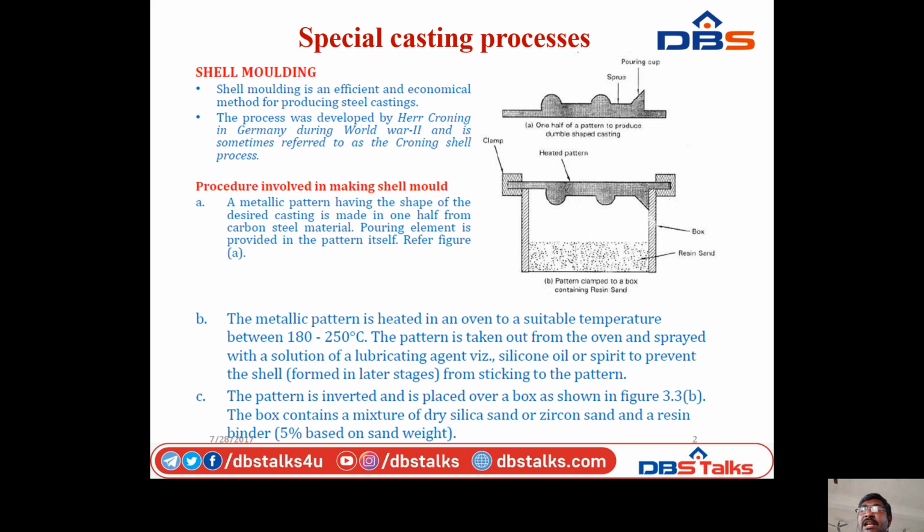The pattern is inverted and placed over a box as shown in figure B. The box contains a mixture of dry silica sand or zircon sand and resin binder, 5% based on sand.